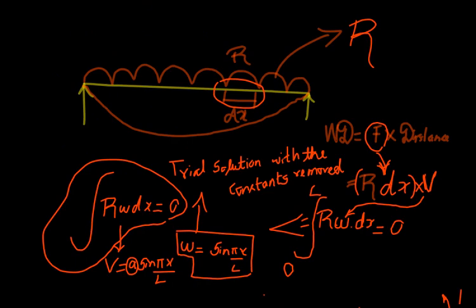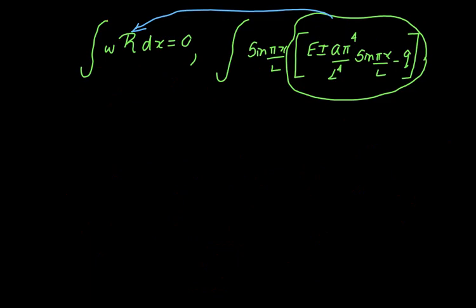It is sine pi x over L. So this is w, into dx should be equal to 0. Okay. Now it is all pure mathematics. You just have to integrate it throughout the entire domain and equate the unwanted work done to 0. That is Galerkin's weighted residual method.